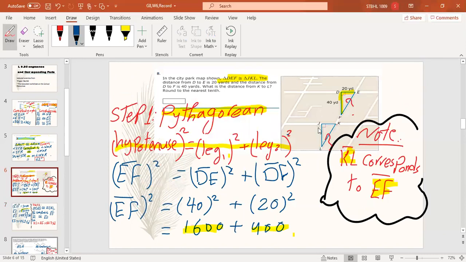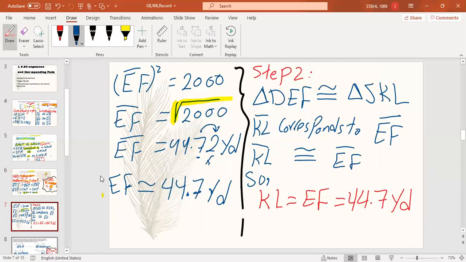The question was asking us to find line segment KL, which corresponds to line segment EF. And now we found the length of line segment EF. So it's easy now to use the congruent triangles.